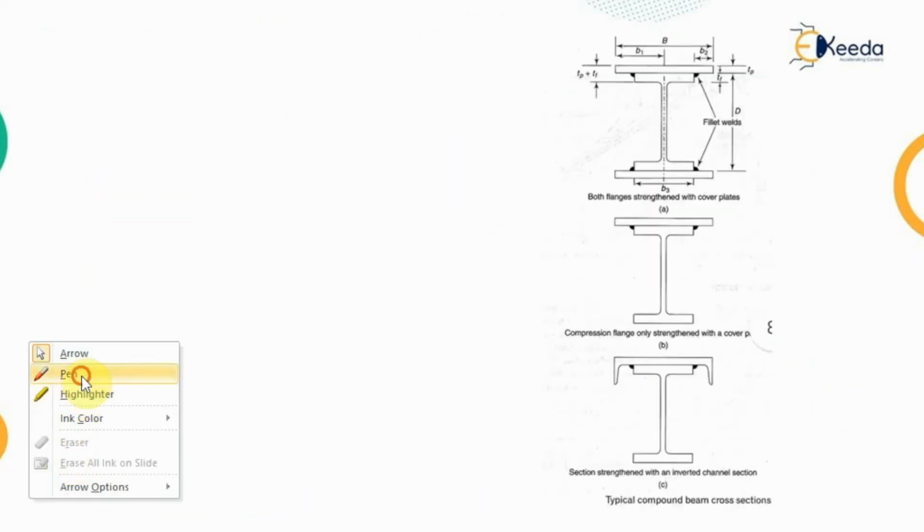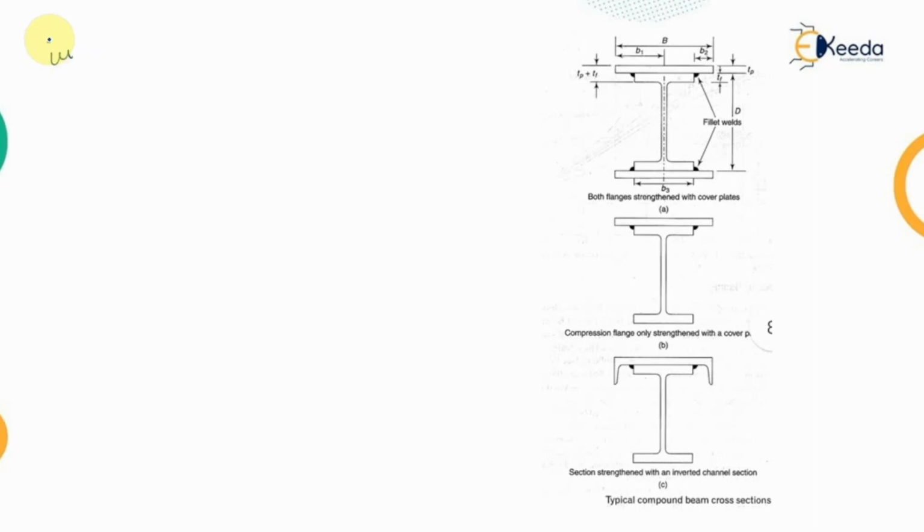Now, the third type of section which can be used as the beam is known as the compound beam. So a compound beam is used whenever it is made up of two rolled sections.